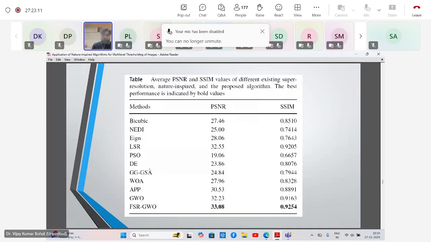Anybody got any doubt till now? I ask the participants, before we move to the next algorithm, up to the Grey Wolf optimizer, if anybody has any question, we can discuss it.